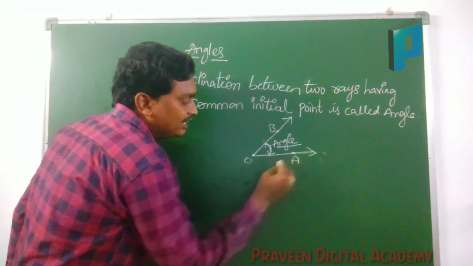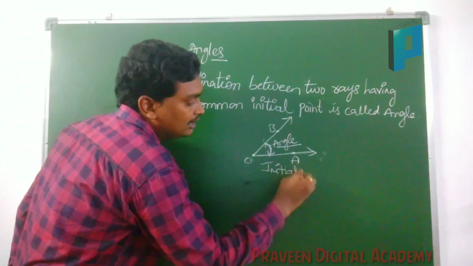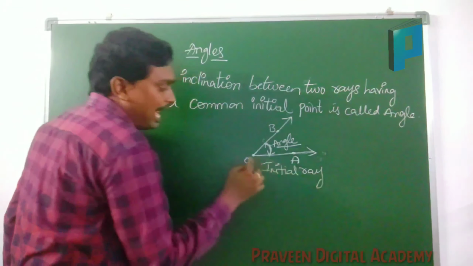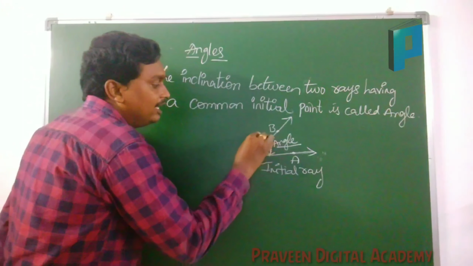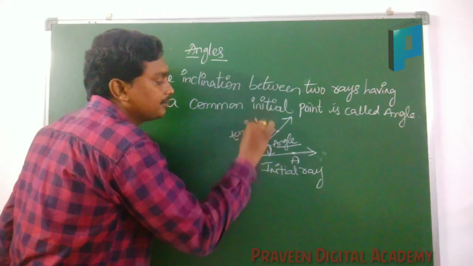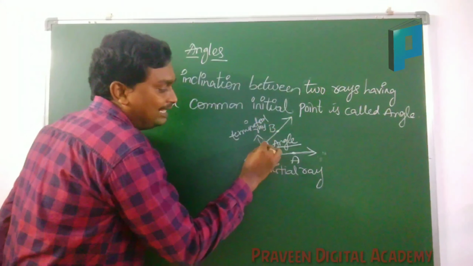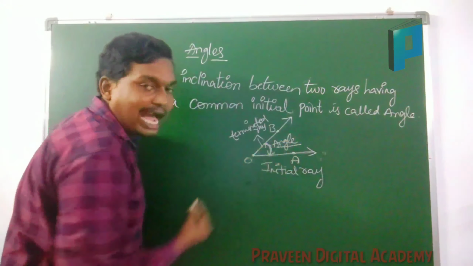This OA ray is called the initial ray, and this OB ray is called the terminated ray, and this one is called angle.